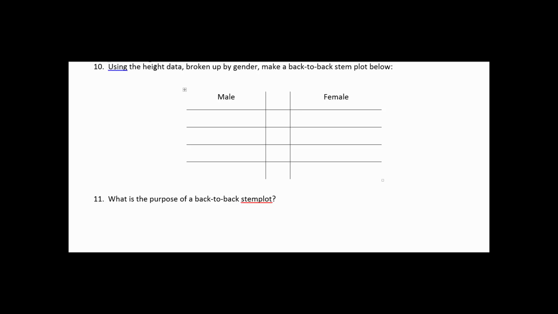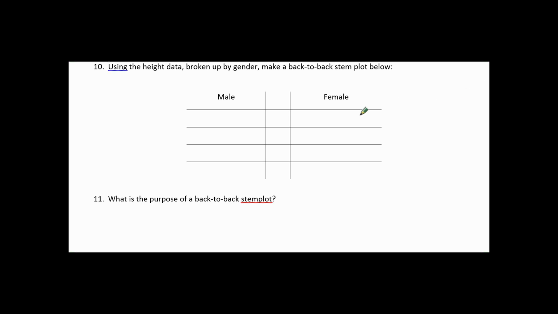If you're making a stem and leaf plot, you have to include a key. And your key really should be in some units. So these are height. I don't have our data in here, but let's say we're in the 50s, the 60s, and the 70s. And, I don't know, 58.